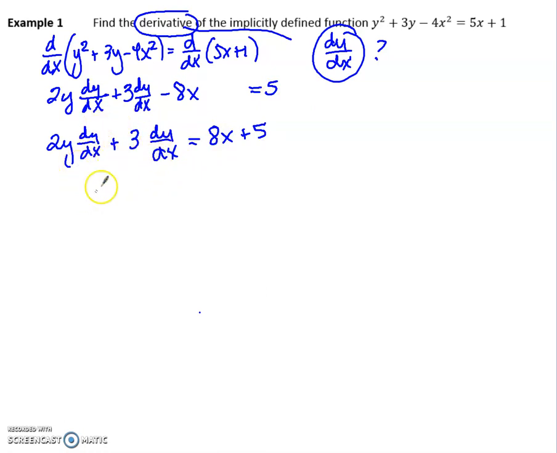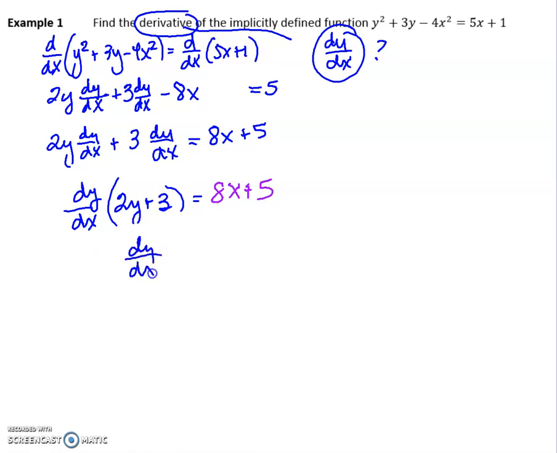Now, if I want to solve for just the slope, I'm going to factor out the dy dx. And then I'm just going to divide by that quantity. And there you have it. There's our derivative or our slope.